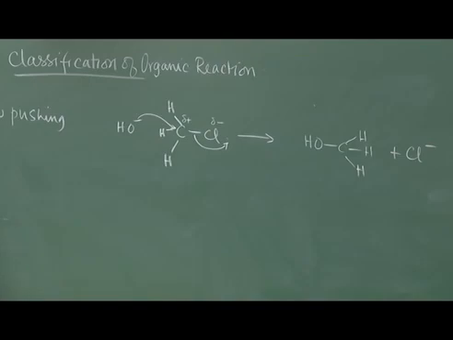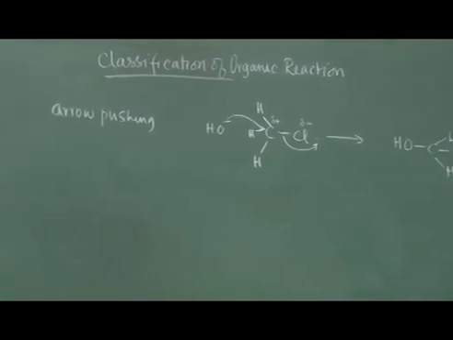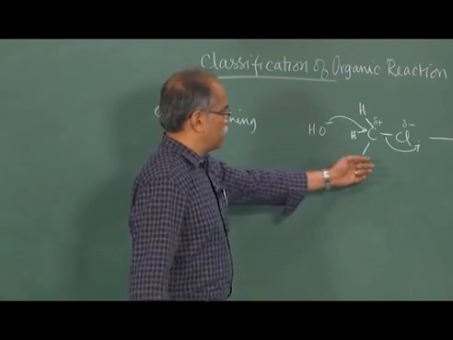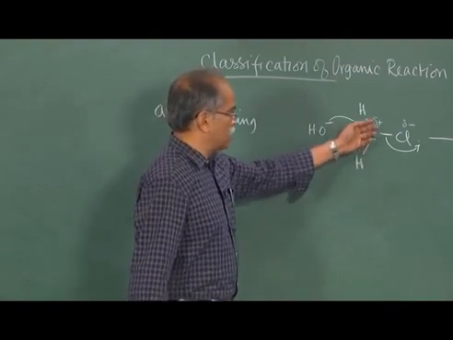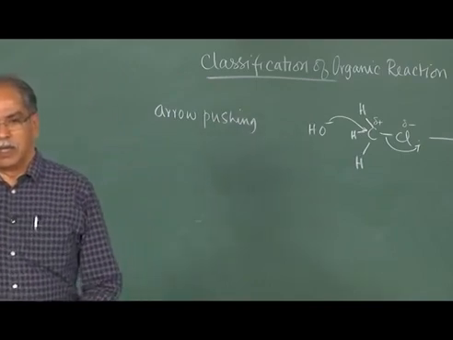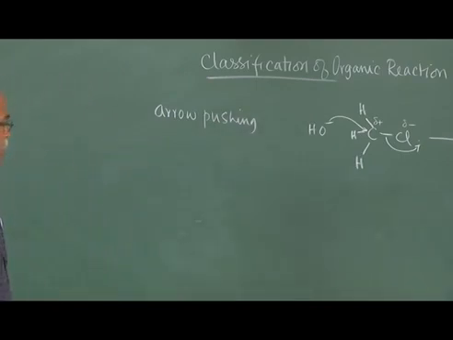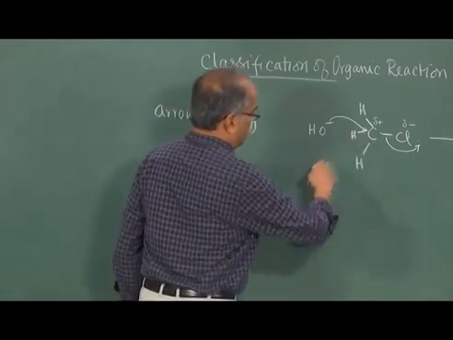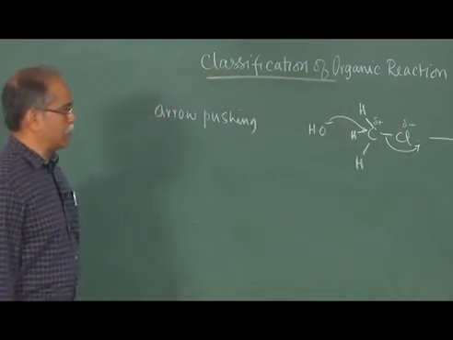The arrow pushing mechanism essentially helps you to understand the kind of interaction between the reagent, in this particular case a nucleophile, with the substrate. In this particular case it is an electrophilic substrate because of the carbon chlorine bond, and it allows you to understand the kind of interactions that will exist in this type of reaction mechanism.